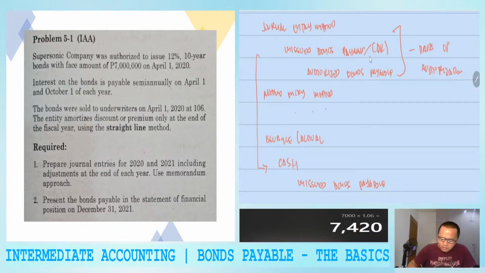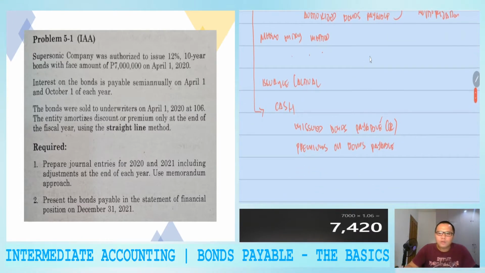Pag nag-issue na, credit. Okay? Credit na yan siya. Nabawasan na yung mga hindi na-issue. That's basically what it means. Then debit or credit premiums or discount. Okay? Debit or credit, premiums or discount.